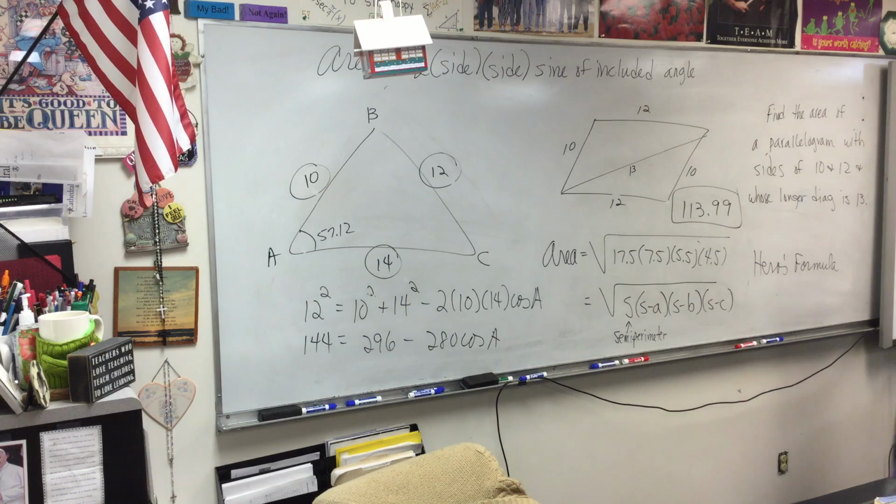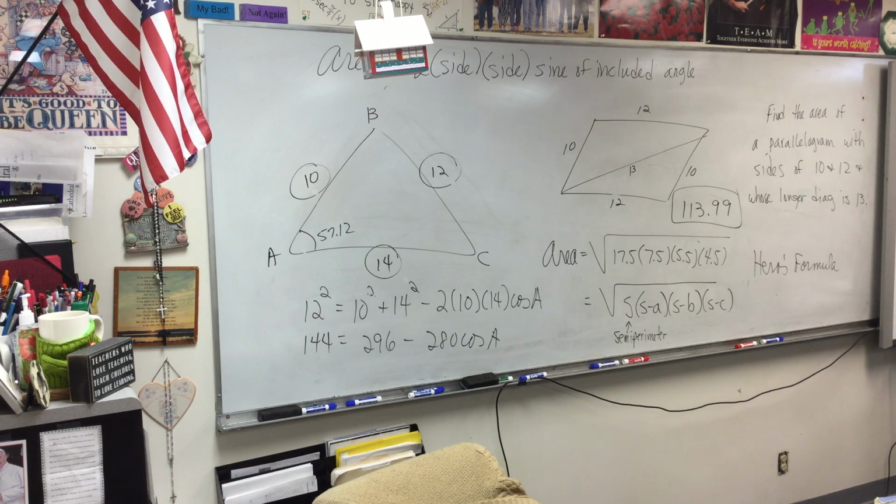If you have two sides and an included angle, do 1/2 side, side, sine. If you don't have either one of those things, then use your law of sines or cosines to figure something out so that you can then have what you need to do the problem. Okay? All right. Well, we got a little ahead of the game because we are so incredibly fluent.